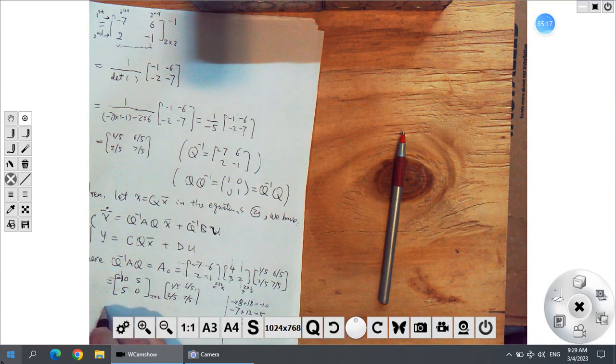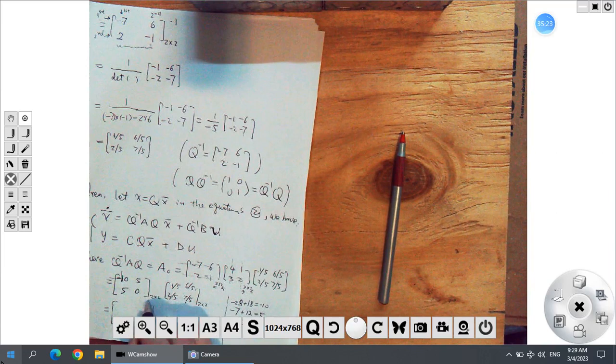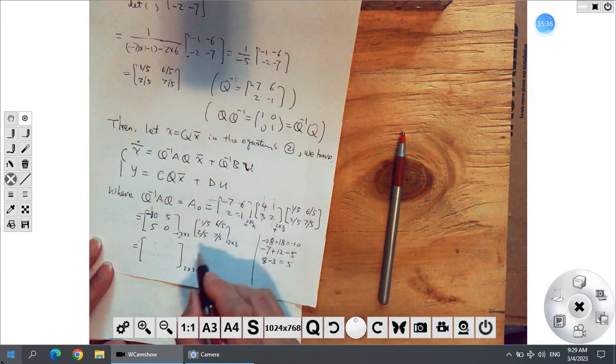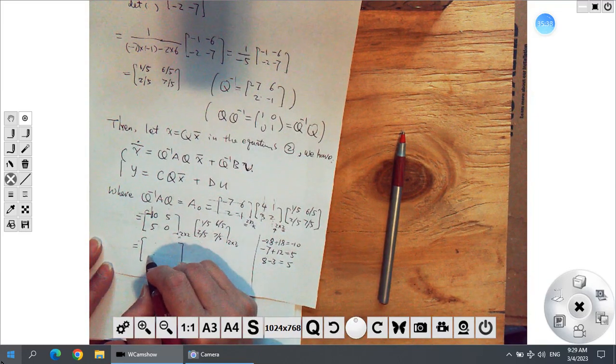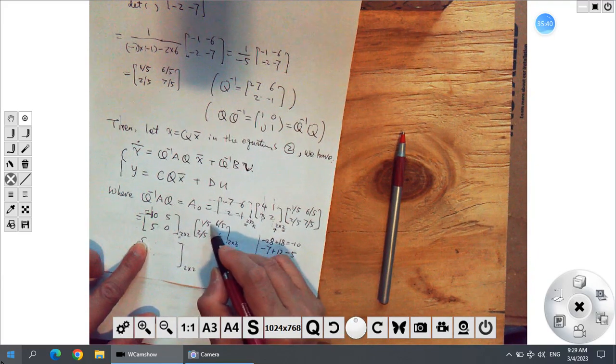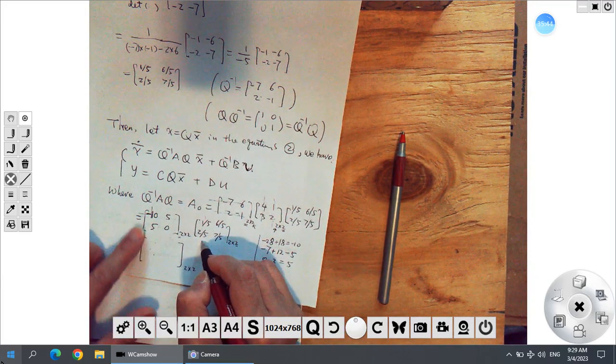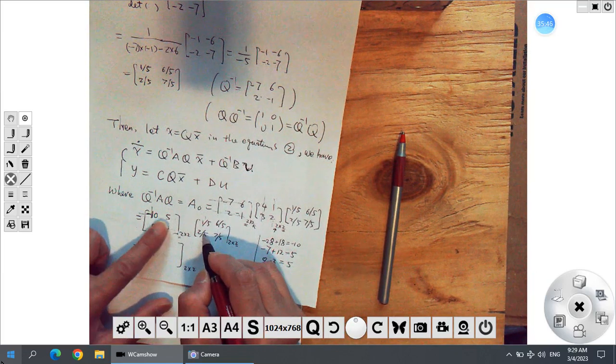Alright, the next. Now I need to multiply these two together. The result is still 2 by 2. Then the first element here is first row, first column. You multiply these two together and put it here.